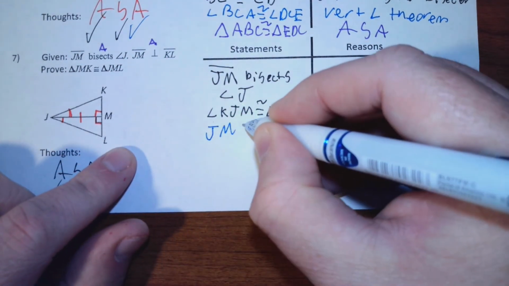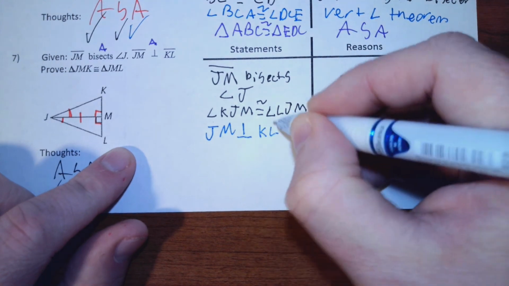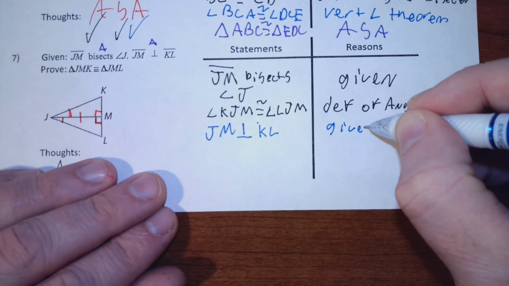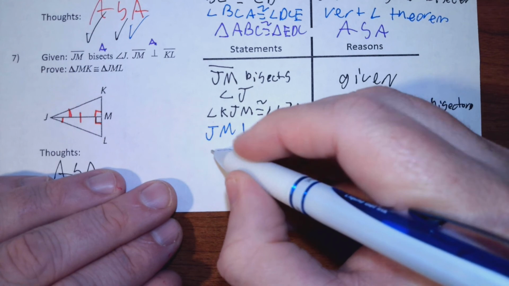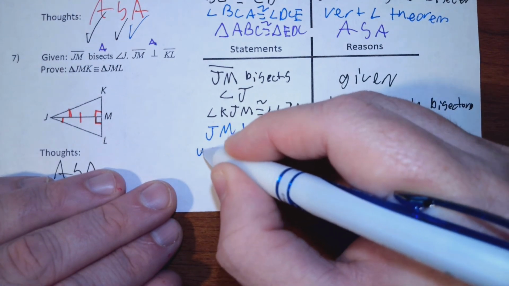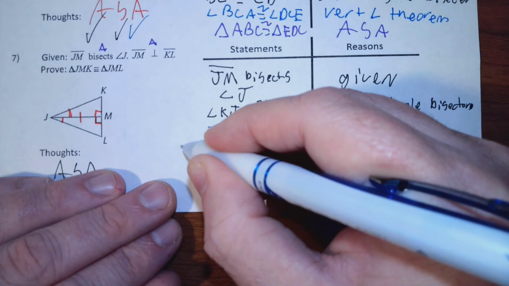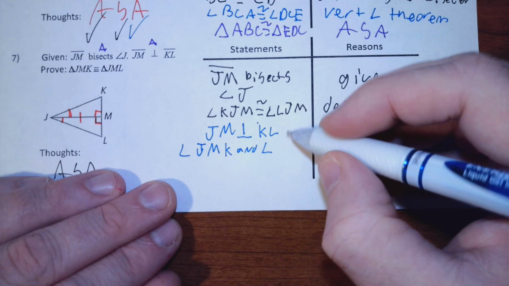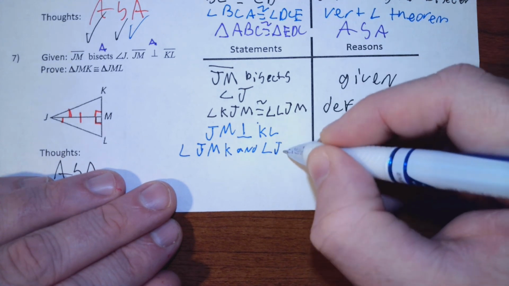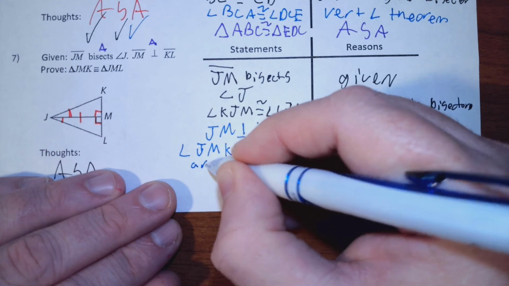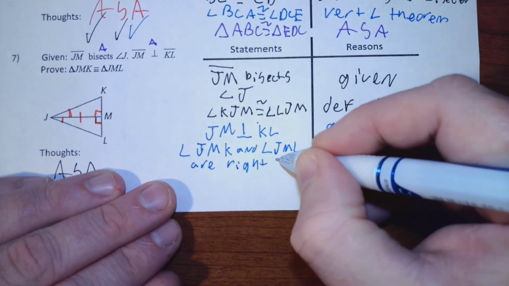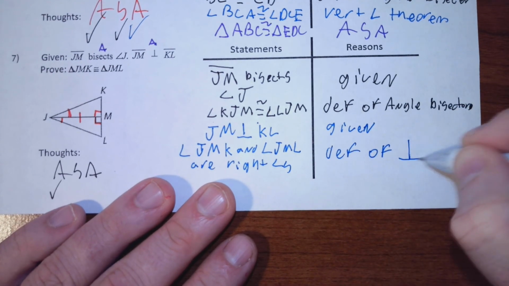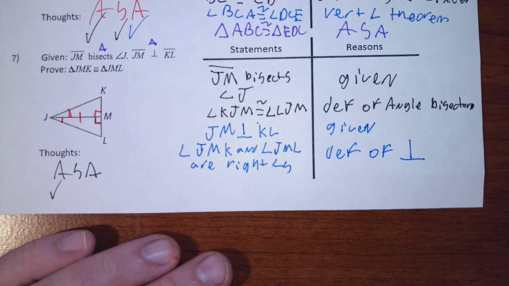JM is perpendicular to KL, given. All right. That means angle JMK and angle JML are right angles. That is the definition of perpendicular. Okay, I'm going to have an add-on here because we're going to run out of room, but that's okay.